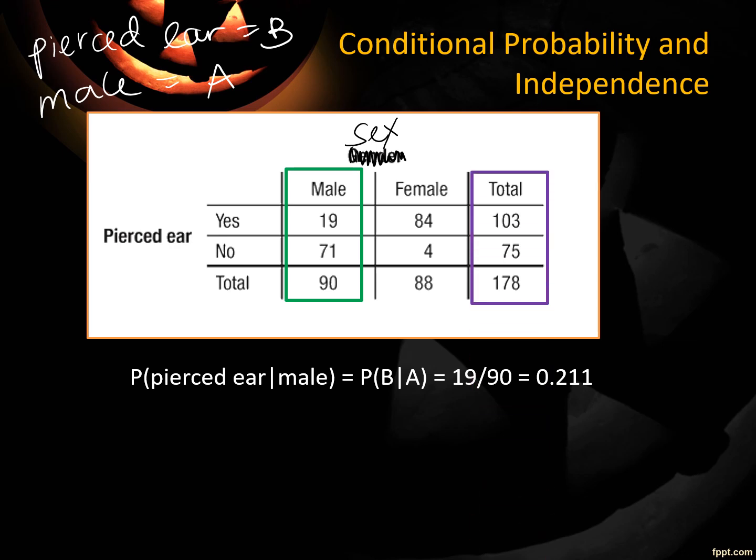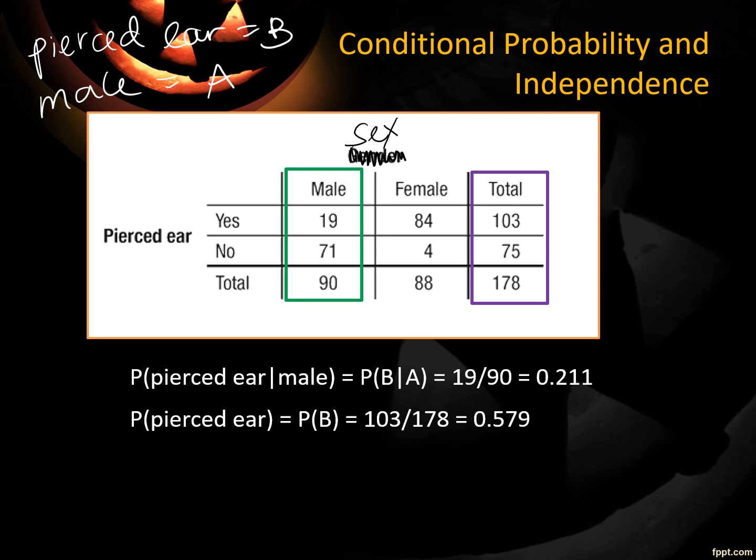So I looked at this column because I'm not looking at a conditional probability. I said, okay, what's the probability of just pierced ears? That would be 103 divided by 178, and that's 0.579. And we can see that those are very different numbers. So if I know someone's sex, I know whether they're more likely to have a piercing.